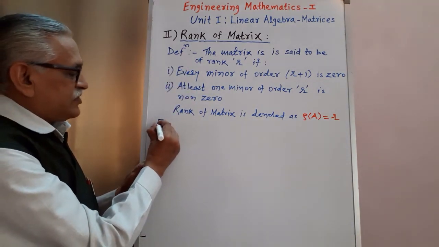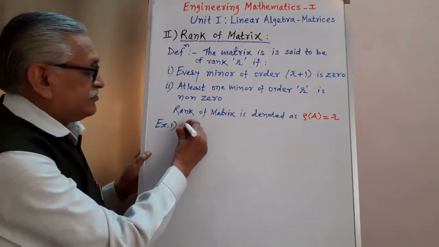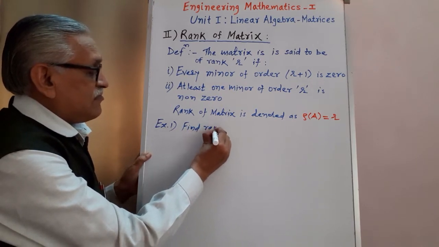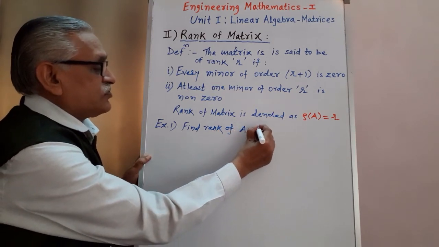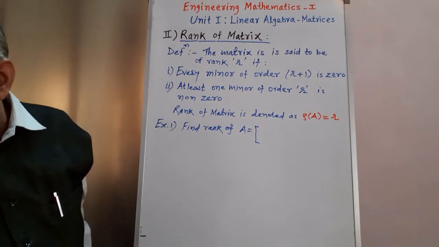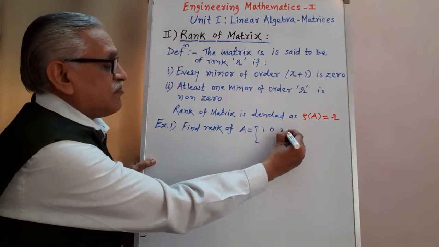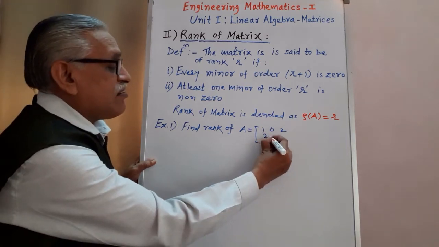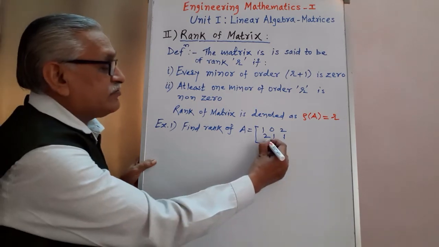Therefore, first example, find the rank of matrix A, where that matrix is 1 0 2, 2 1 1, and again 2 1 1.